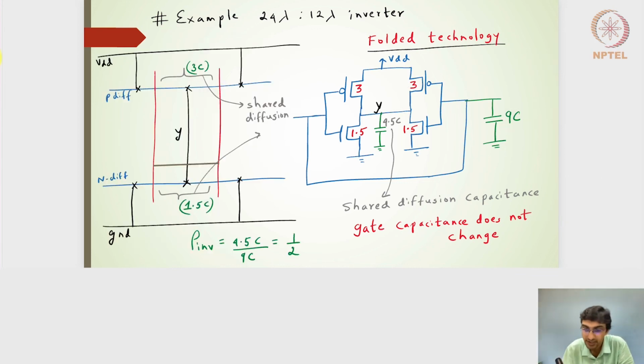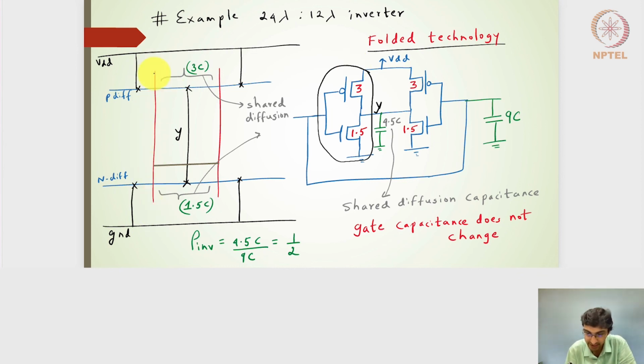Right, moving forward. So this is what I have drawn, the stick diagram here, just to give you a more detailed representation of the diffusions. So this is the P diffusion line, this is the N diffusion line. I have a VDD rail, I have a ground rail. If I consider this particular portion, the left side of the inverter, I've drawn it on the left side in the stick diagram also.